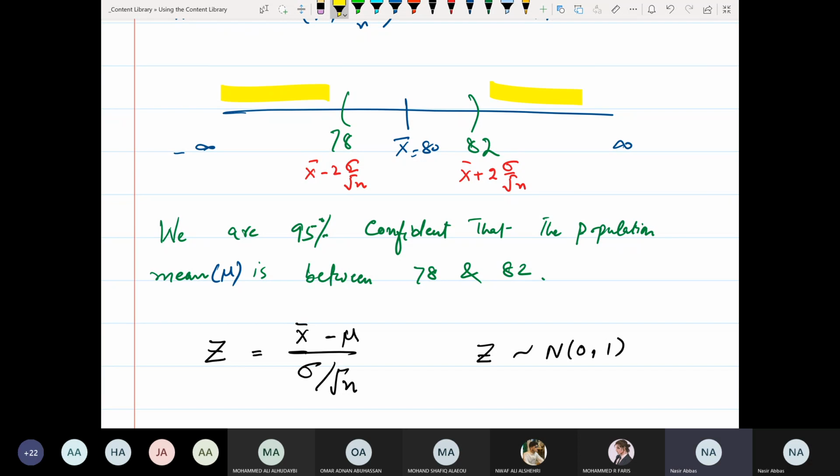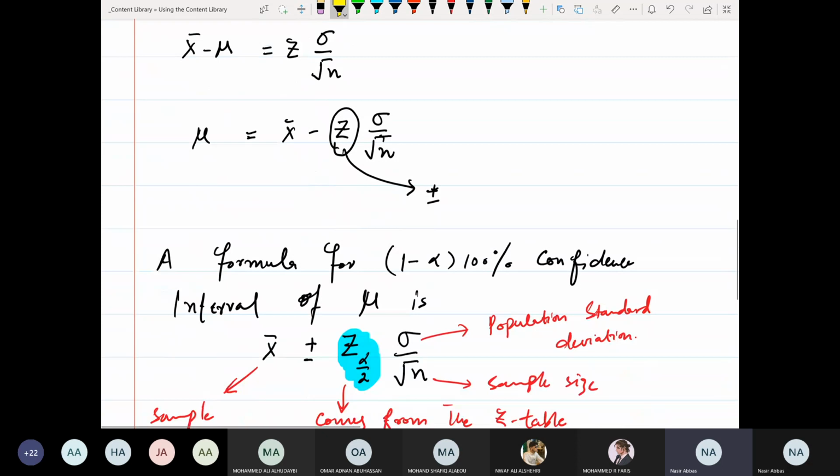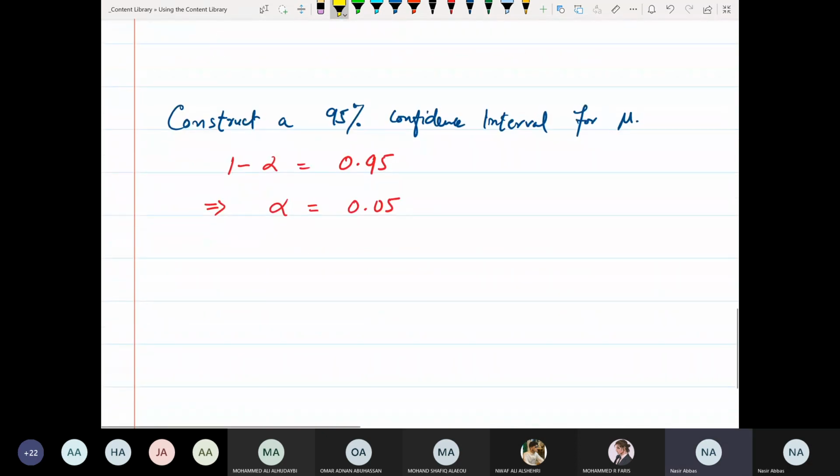So the probability of your error, which is alpha, is distributed on 2 sides, so you should divide it by 2. Always, when you are constructing a two-sided confidence interval, and in this course you will always be constructing two-sided, the third step is to divide alpha by 2.